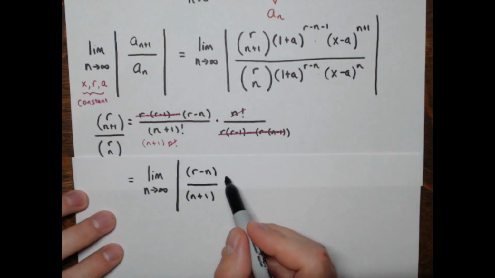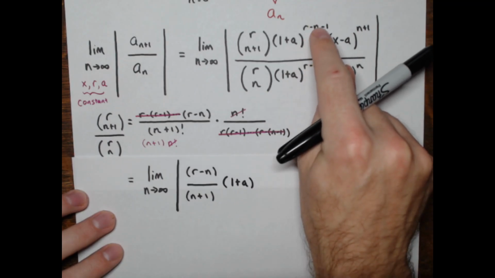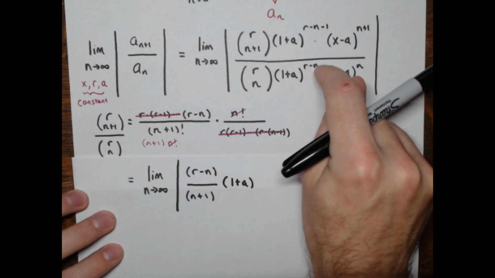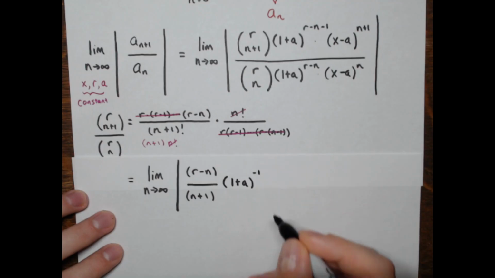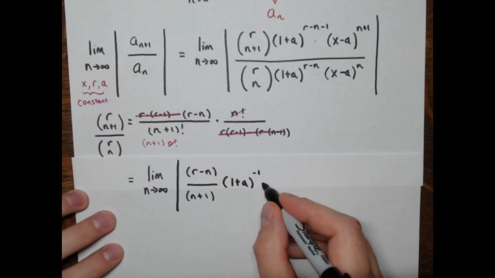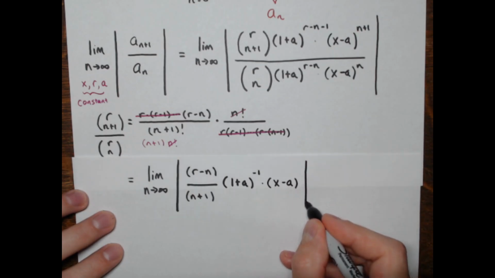And then we have 1 plus a, and when you subtract these powers, so we just get rid of the r and the n, you get 1 plus a to the negative 1, right? Times, and then just x minus a.